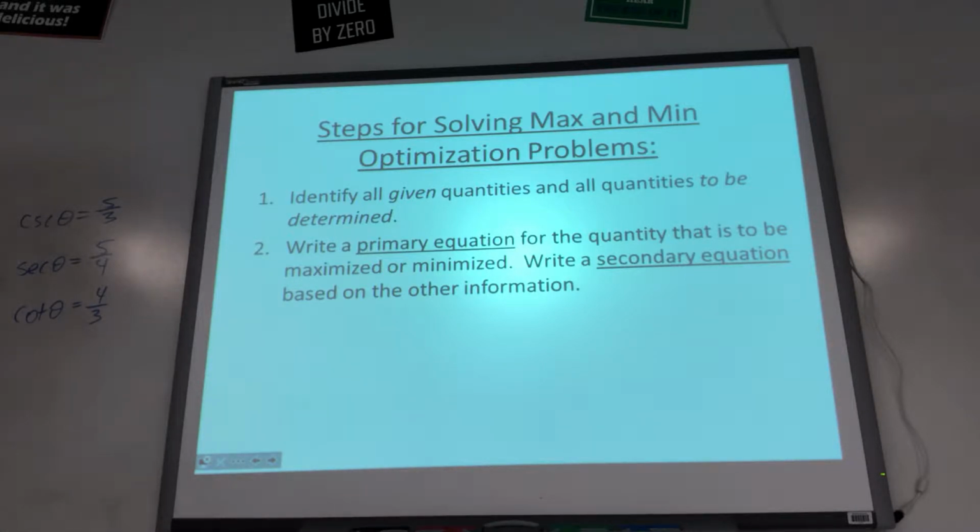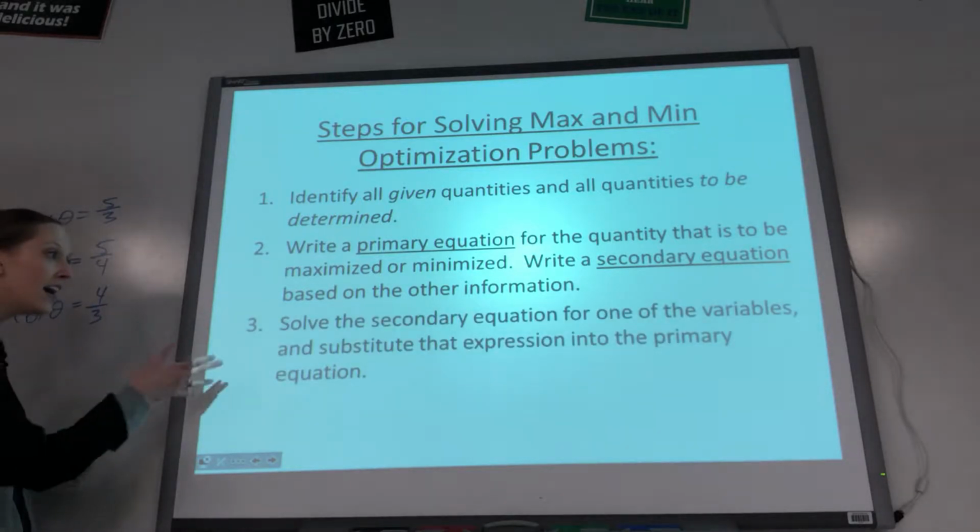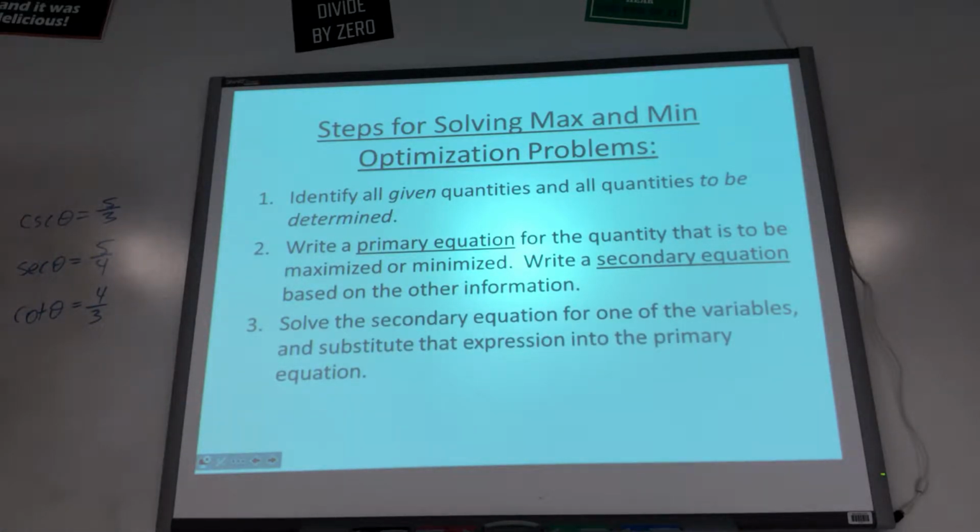Okie doke. Couple more steps here. Step three, another good one. Well, they're all good. But step three says solve the secondary equation for one of the variables. It doesn't matter which one. Solve the secondary equation for one of the variables, and substitute that expression into the primary equation.